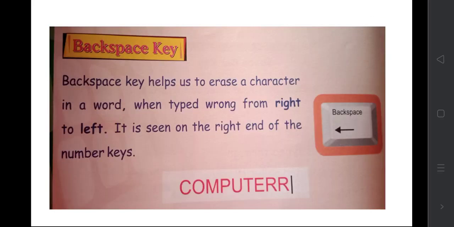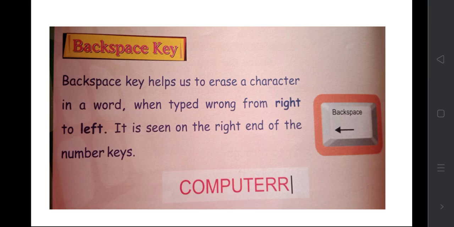Then the backspace key, it is simply like deleting. The option is for deleting. When you have typed something wrong, if you press backspace, it will delete the thing which is entered, from the back side. The backspace key helps us to erase a character in a word when typed wrong, from right to left.